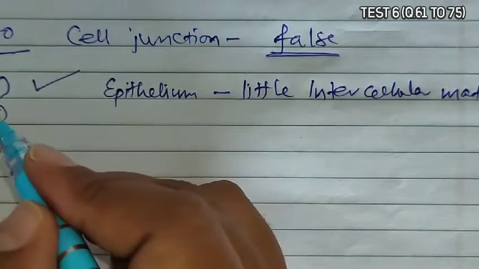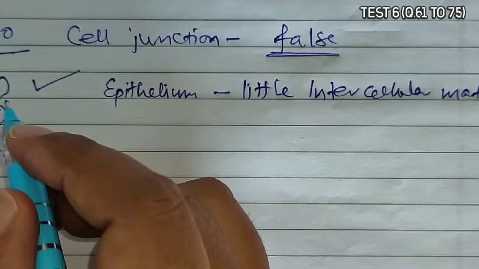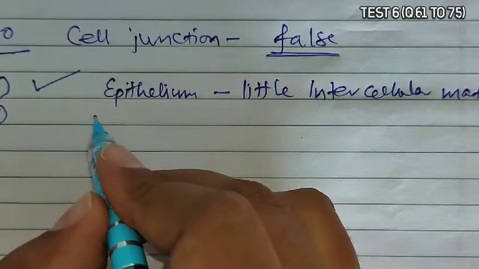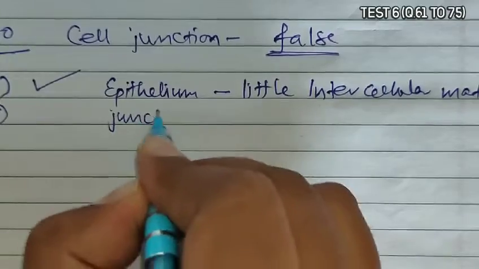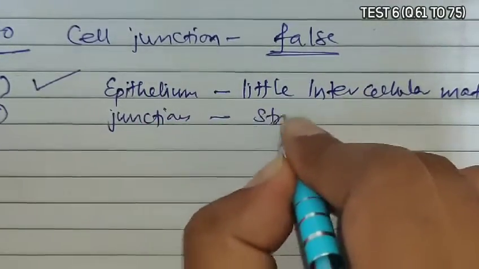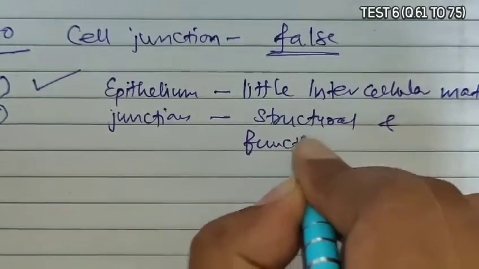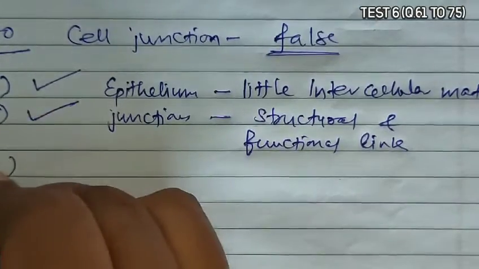Statement 2 is given that in almost all animal tissue, specialized junctions provide both structural and functional link between its individual cells. So that is also a correct statement.